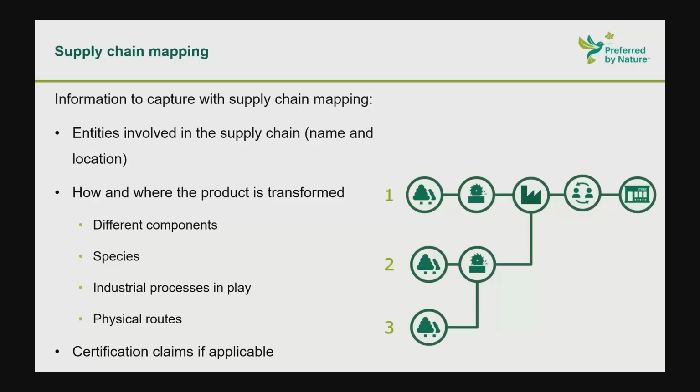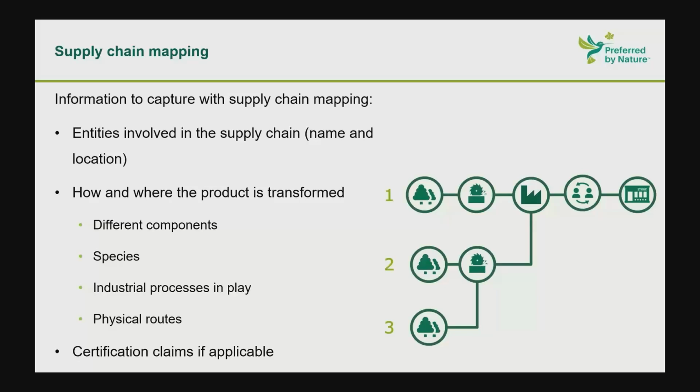These are the information that can be captured during supply chain mapping exercise. So of course the names of the entities involved in the supply chain, but also, it's an exercise that can help you identify the different components of your products. So you might have a complex product with different components. So you will have a complex supply chain map, right?